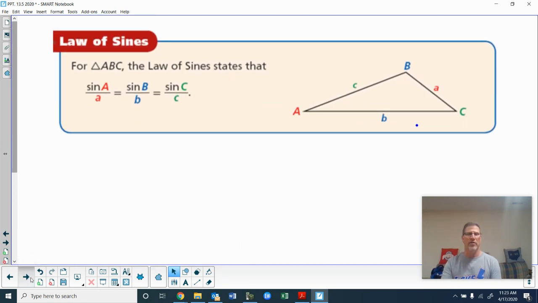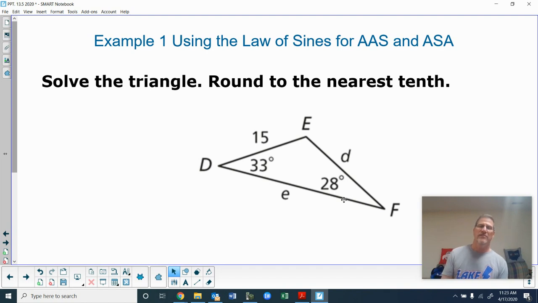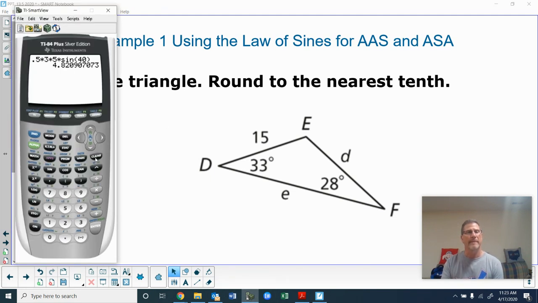So let's look at a problem. We have to solve the triangle. That means I have to find angle E, side D, and side E. The first thing I can figure out, if I know two angles, is that third angle. So I'm going to add 33 plus 28, and then subtract that answer from 180 to get that missing angle. 180 minus 61, should have hit second answer, is 119.